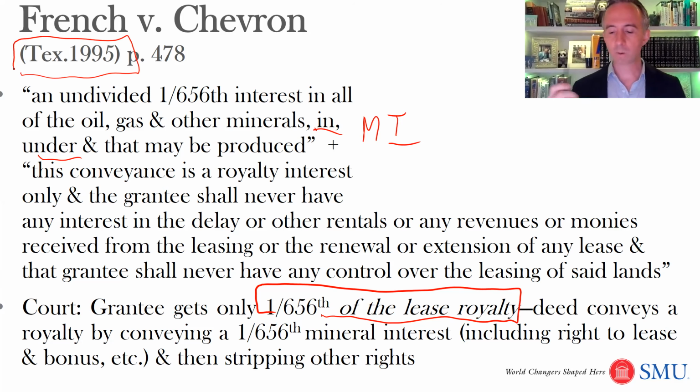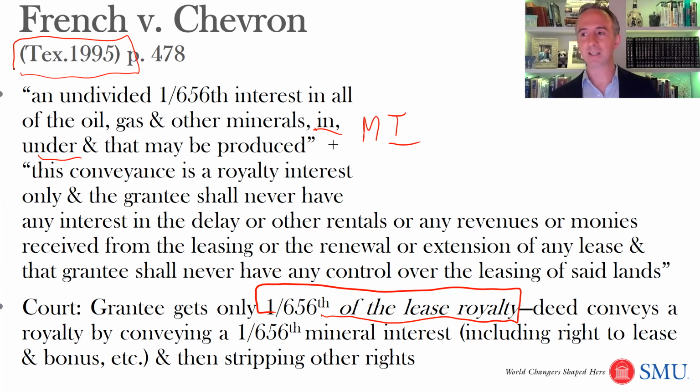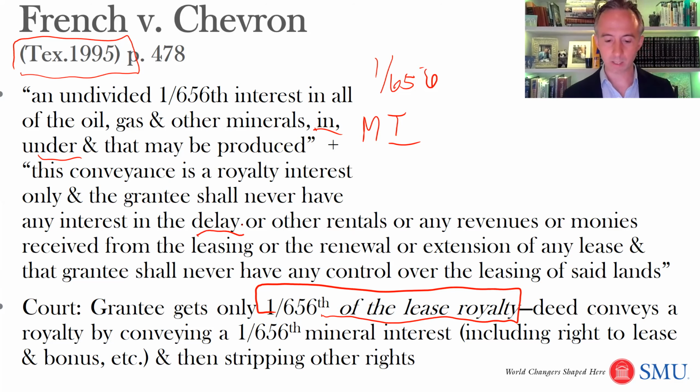So the court says the deed basically conveys a royalty. And the way it does it is it gave a 1/656th mineral interest, but then it struck out everything else by saying, you don't get the delay rentals. You don't have any right to lease the land. You don't have any control over leasing.